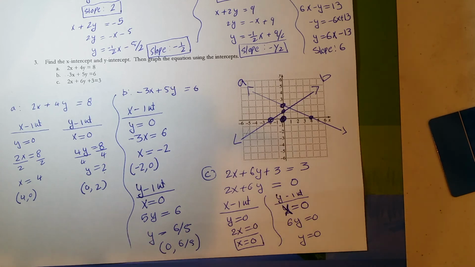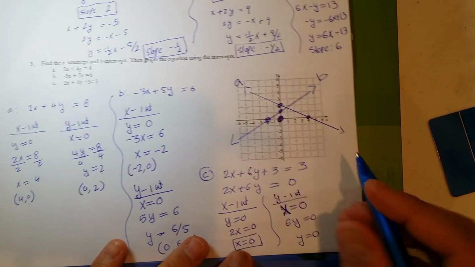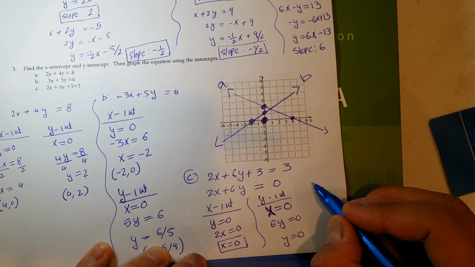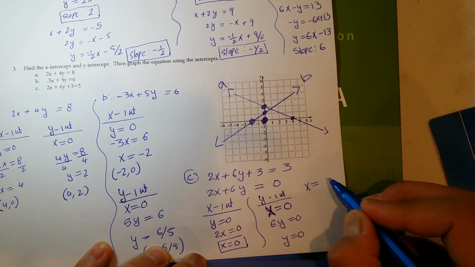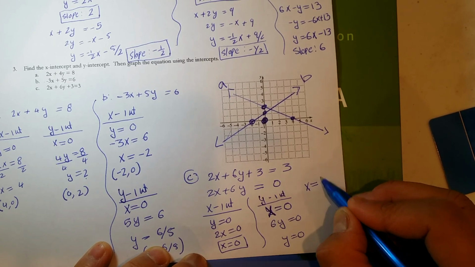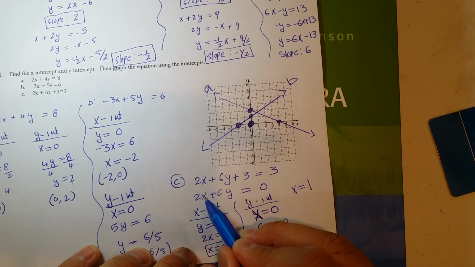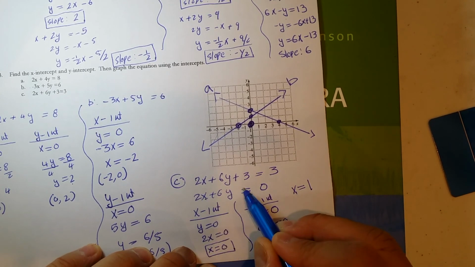To do that, it's actually very simple. Randomly pick an x value. So I am going to choose x equals 1. If you choose x equals 1, take that and plug it in here, and then solve for y.